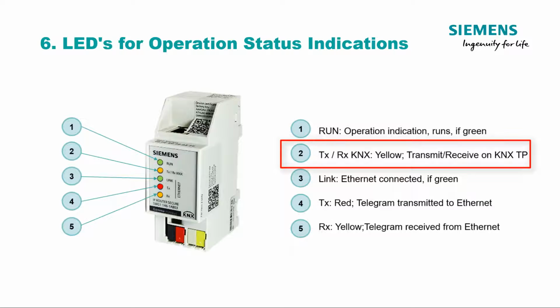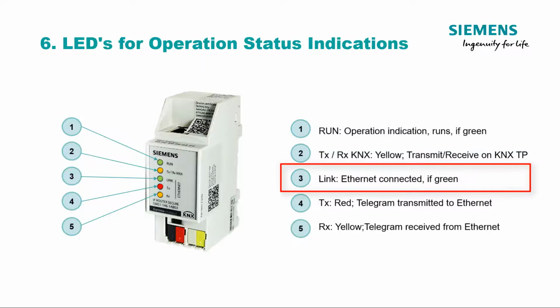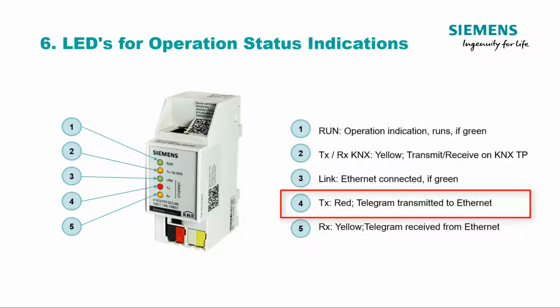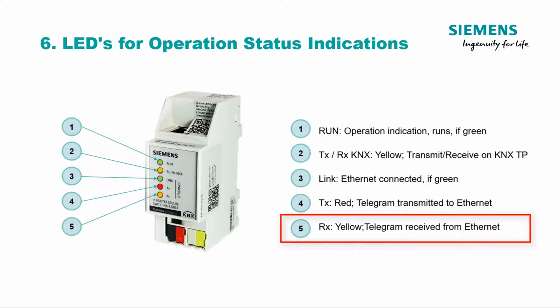TX or RX KNX, yellow, indicates when KNX telegrams are sent or received on the twisted pair side. Link. If it is green, the Ethernet connection is active. TX. Red indicates when telegrams are being sent on Ethernet. RX. Yellow indicates receipt of Ethernet telegrams.